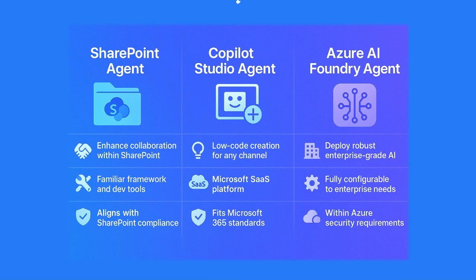But you see what I mean? We can trigger these workflows. Now, all the data is based in Microsoft, so it is a software as a service platform. It's accessed directly through a web browser, and it fits all the Microsoft 365 standards of security, compliance, and governance.